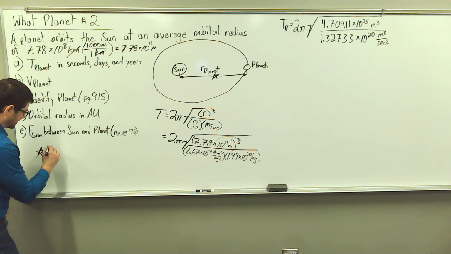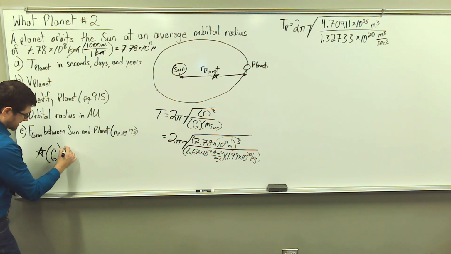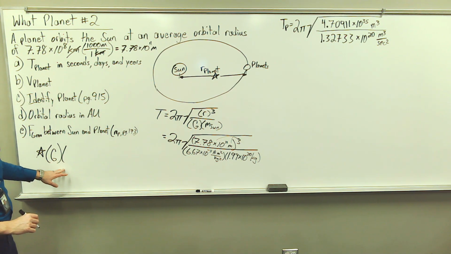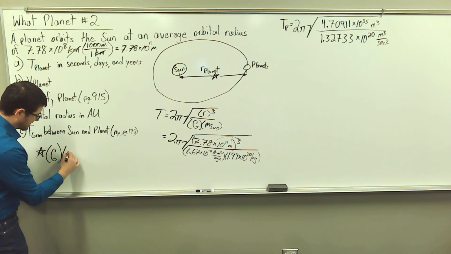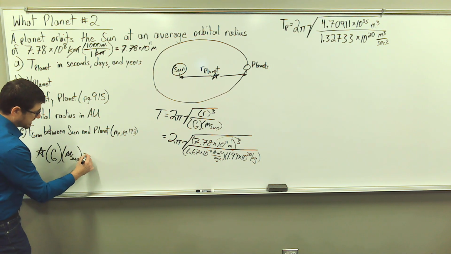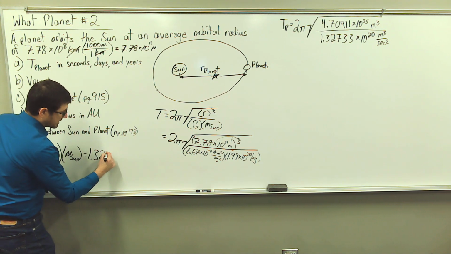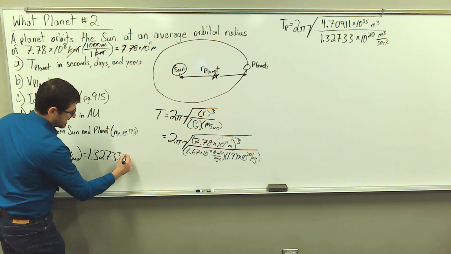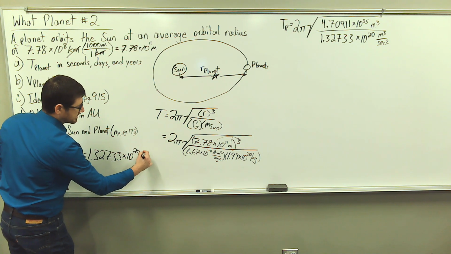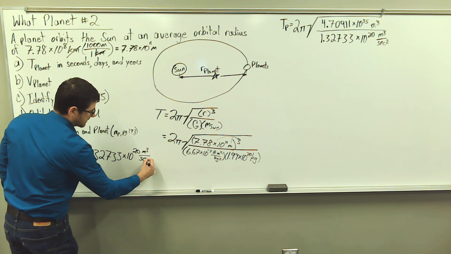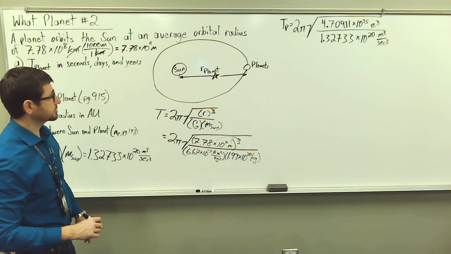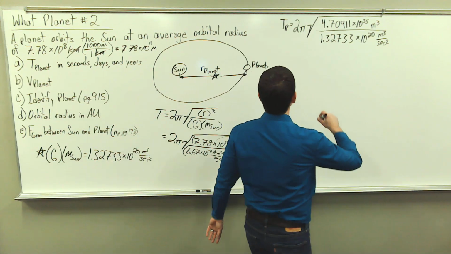We're going to make a note here. I'm going to say the product of the universal gravitational constant and the mass of the sun is equal to 1.32733 times 10 to the 20th meters cubed per second squared. Okay? All right, let's continue on.